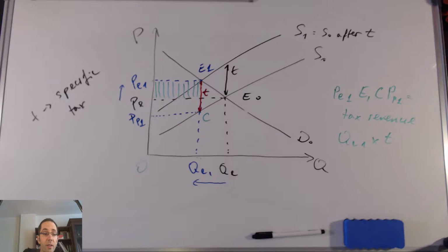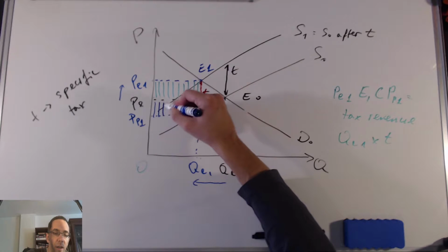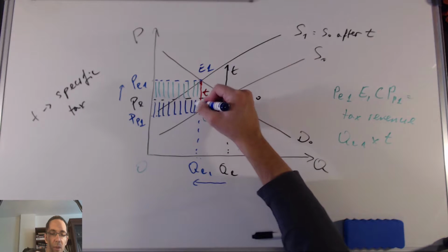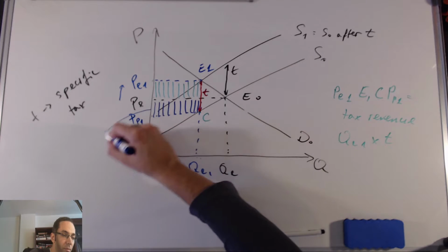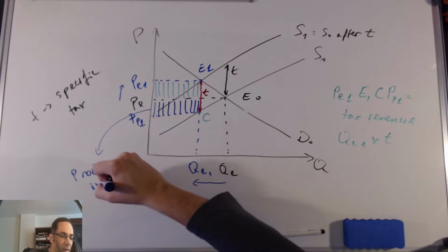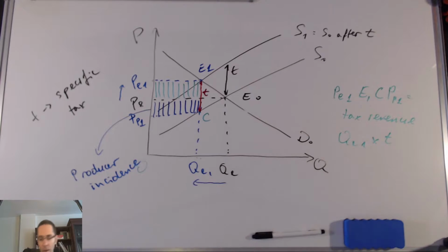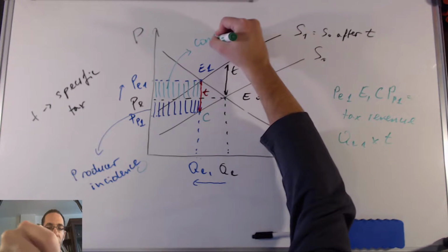The original price that they received was PE, and the new price that they're receiving is PP1. And thus, this lower rectangle represents the burden or the incidence of the producers. So we can say this is the producer incidence of the tax, and the green one is our consumer incidence.